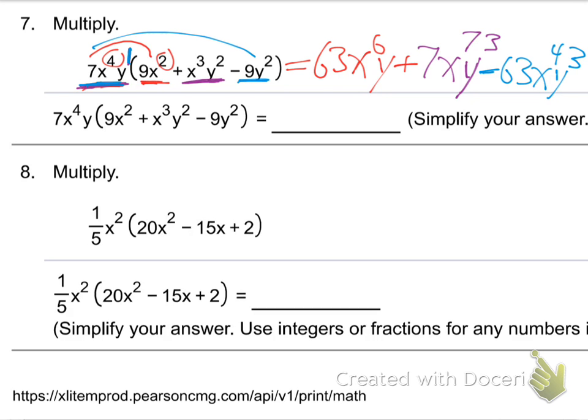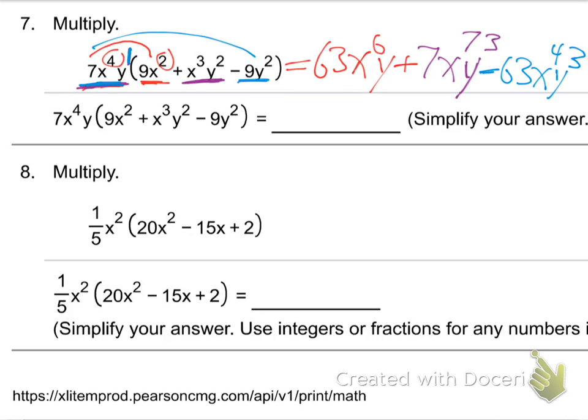And there we go. We have positive 63x to the 6, and we have the minus 63 x to the 4th y cubed. Talk about these two, on the after the equal sign.